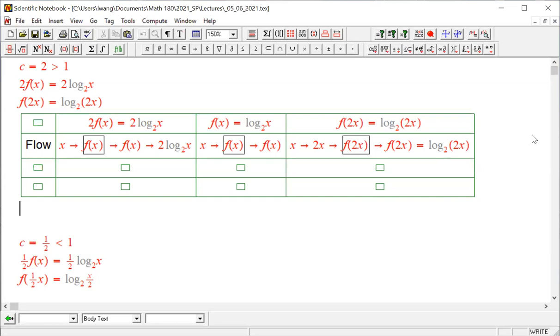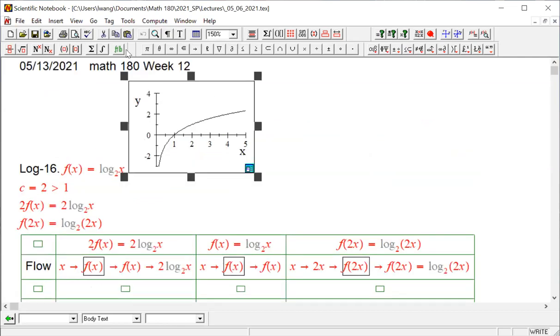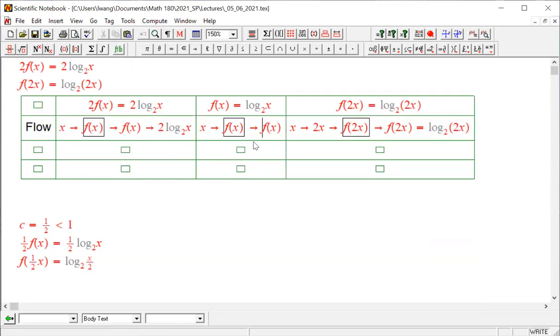All right. Now, this doubling of the output will cause what? I want you guys to work on the picture. I'm going to grab the picture. I put it right here.